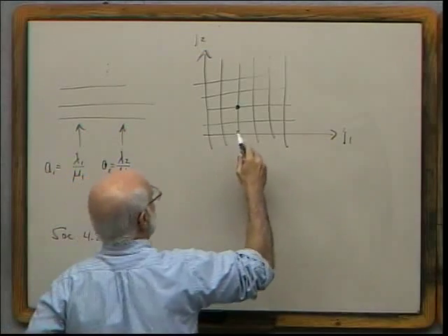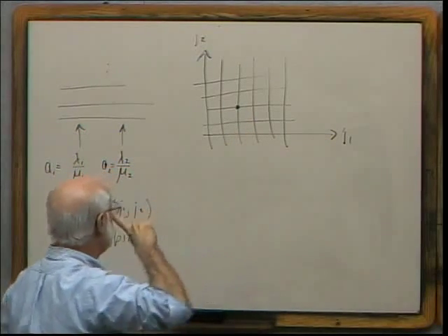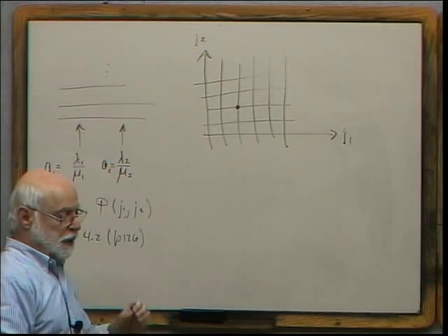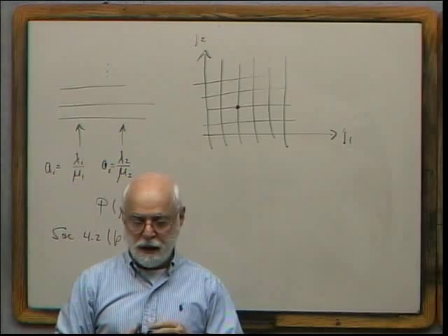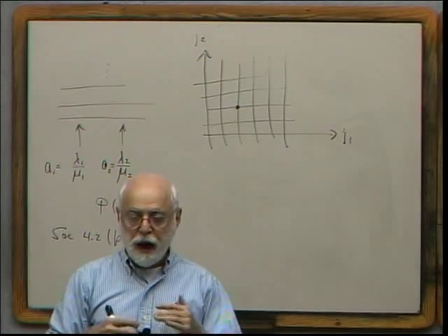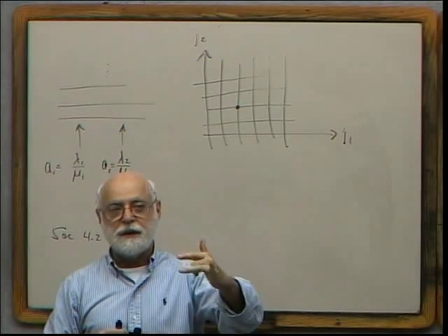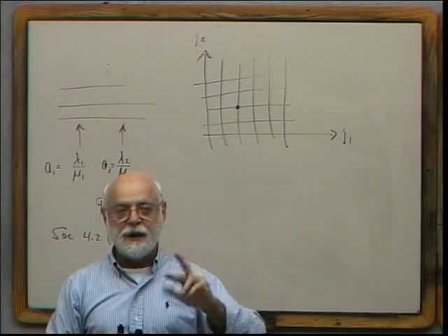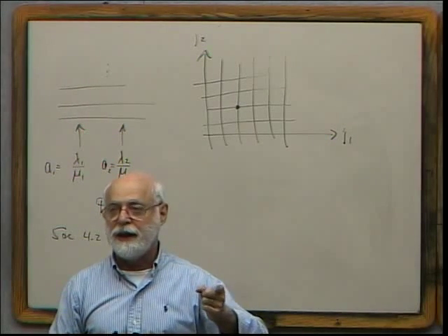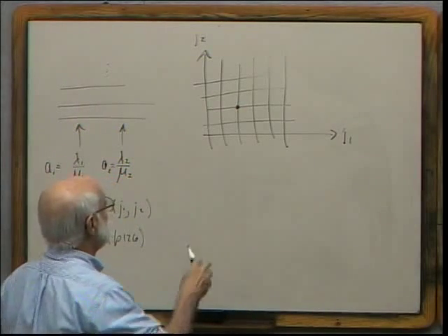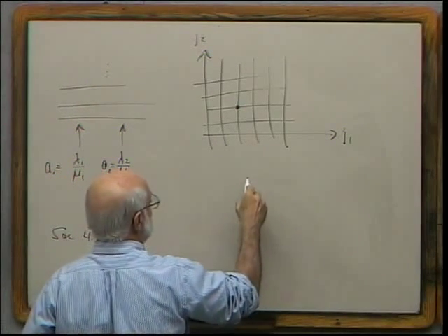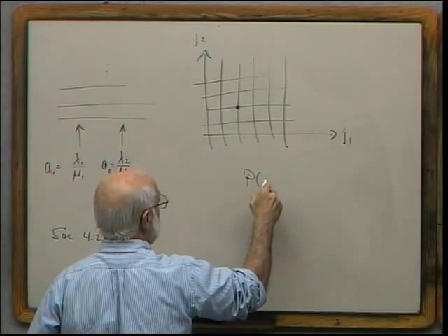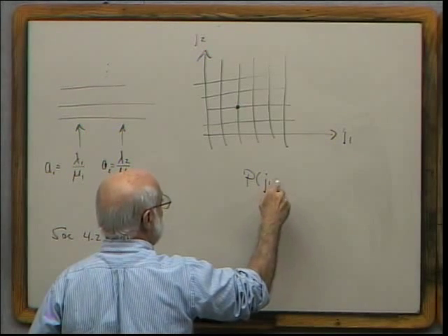Now, what I did previously when I analyzed one-dimensional systems was to equate the rate up from each state to the rate down from the state above it. So I had rate up equals rate down. Now I don't have up and down, but I'm going to define instead in and out. I'm going to imagine that I take some target state, J1, J2, and I want to equate the rate at which I leave state J1, J2 to the rate at which I enter it.